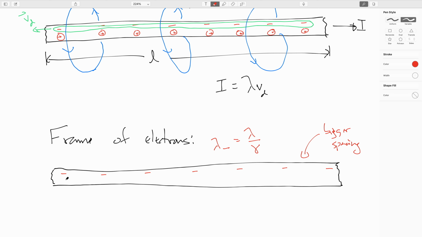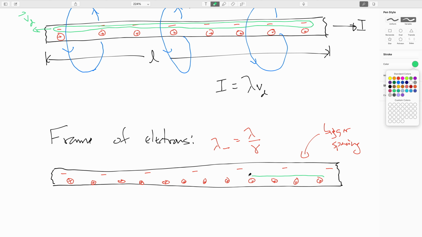But also in the frame of the electrons, it's the protons that are doing the moving, and they will be the ones moving at the drift velocity. So let's go ahead and mark that there.